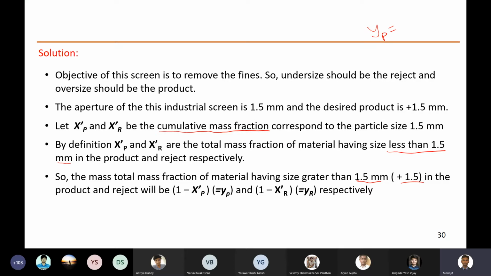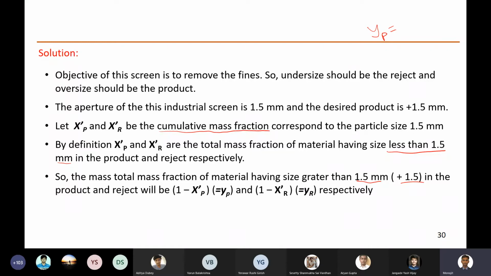But that is not the way the cumulative mass fraction is defined. Cumulative has a standard. The standard way of defining cumulative mass fraction is, it is always defined as the total mass fraction of particle which is having size smaller than that specific particle.